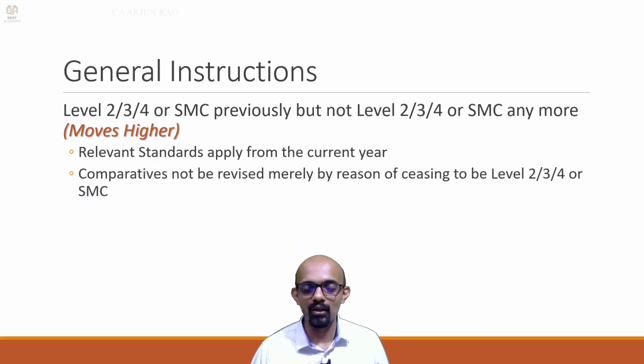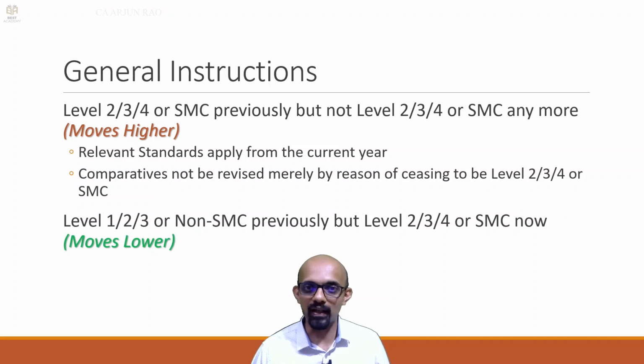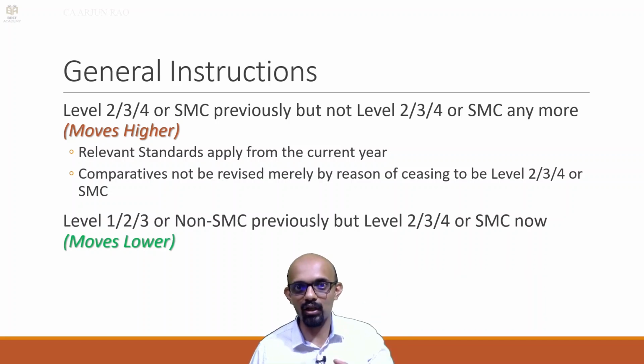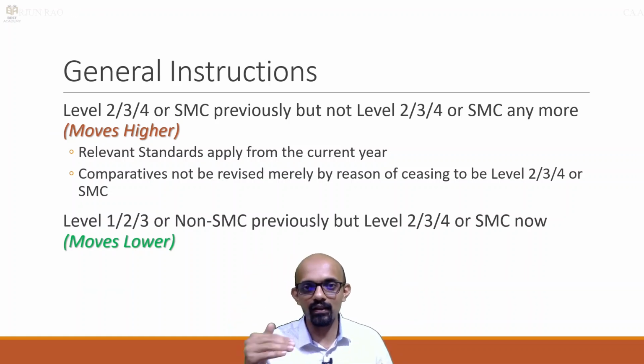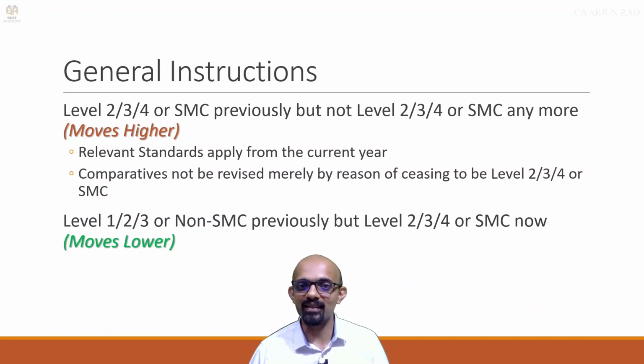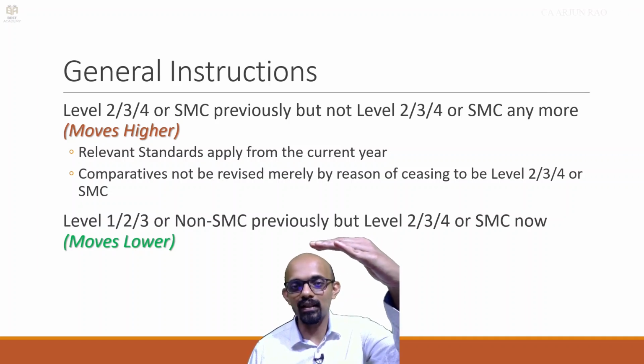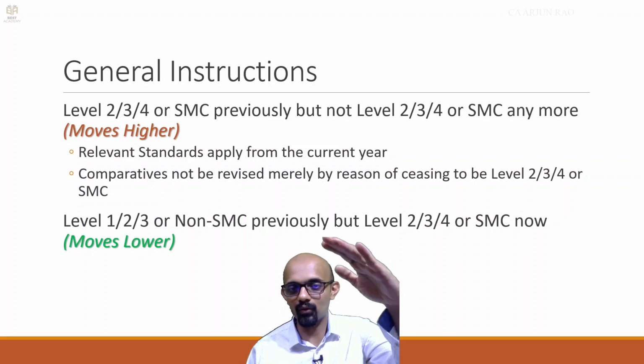What if you move lower? Last year you were level 1, this year you come down to level 2, or last year level 2, this year level 3 or 4. Last year non-SMC, this year you have come down to SMC. You cannot immediately take advantage of the exemptions. Last year when you were non-SMC, all 27 standards you would have had to follow.